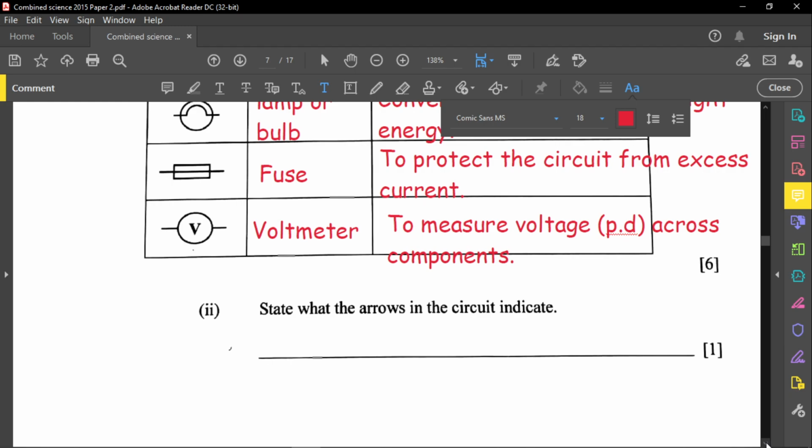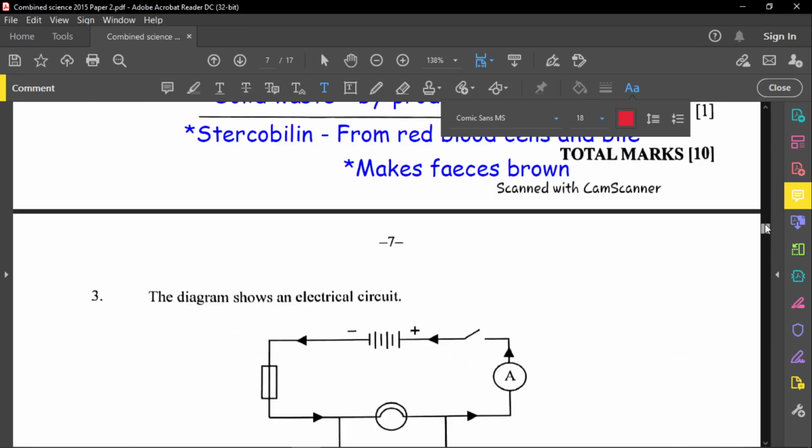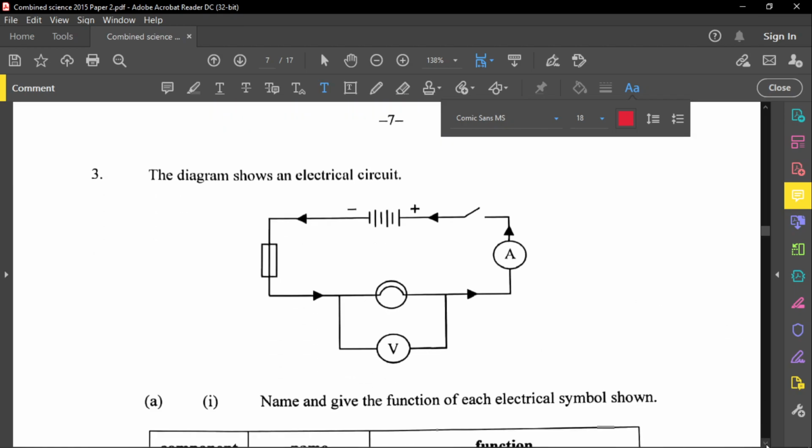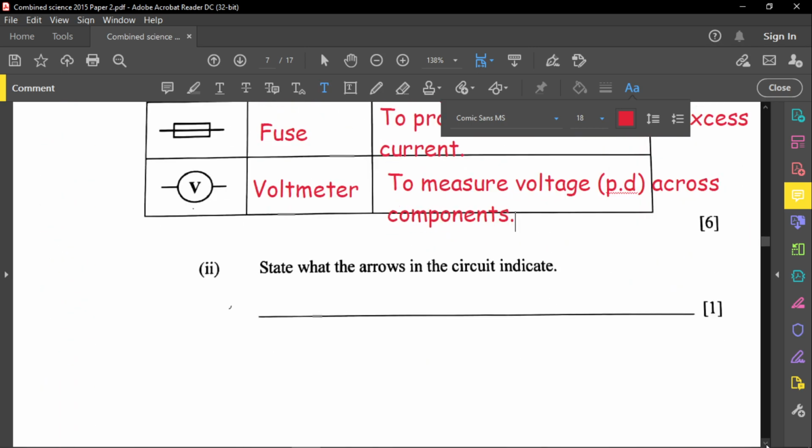For part 2 right here, it says state what the arrows in the circuit indicate. If you notice how the arrows are going, the arrows indicate the flow of electrical charges, because remember, in the circuit it is the flow of electrons.